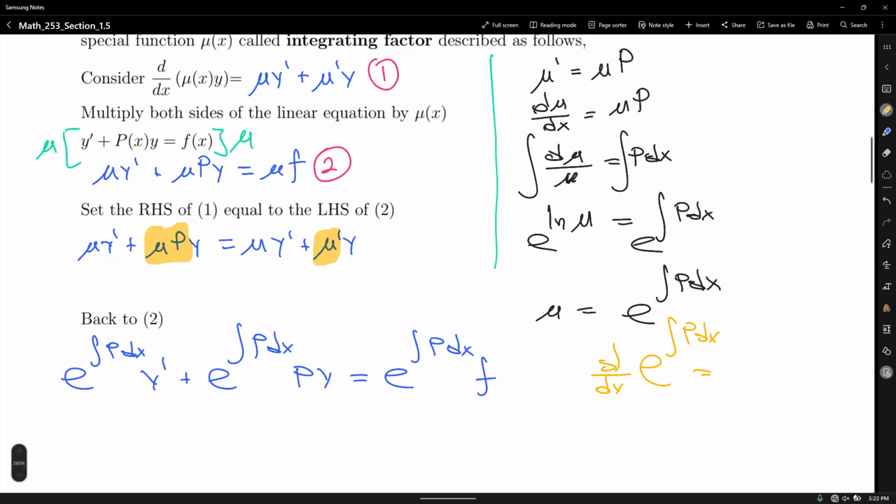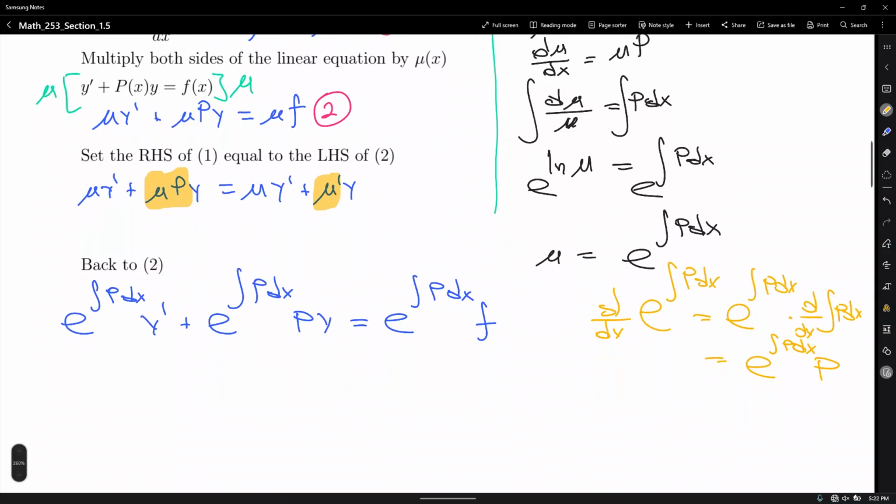Isn't that itself? E to the integral of p dx times the derivative with respect to x of the integral of p dx. But what's the derivative of the integral? Aren't they opposite operations? Then that's going to leave me with simply e to the integral of p dx times p, which is that quantity. So that's definitely a product, right? That madness on the left-hand side of this equation.